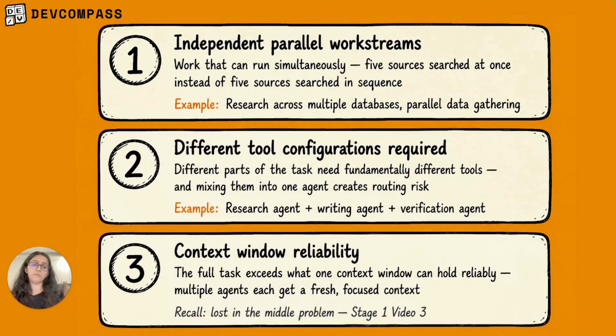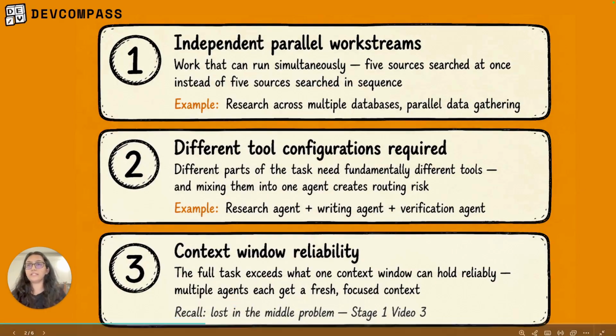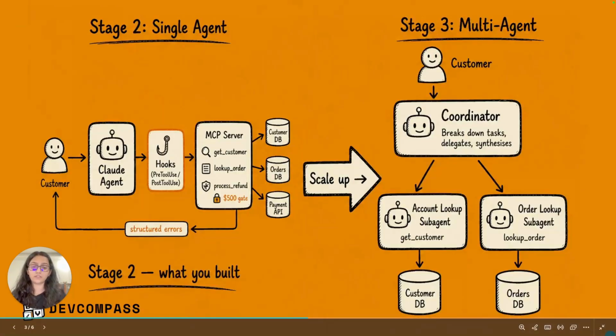The lost in the middle problem. For tasks where the total work exceeds what a single context window can hold reliably, breaking the task across multiple agents, each with a very fresh, focused context, produces more reliable results than asking one agent to hold everything. So these are the 3 scenarios where multi-agent architecture comes in.